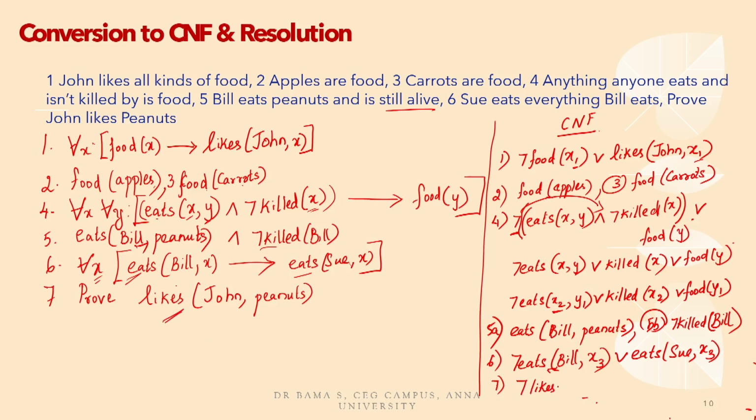Then seventh, when I am pushing into CNF or a set of clauses in resolution, I have to negate the proof, the last statement. So, it would be not likes John peanuts.